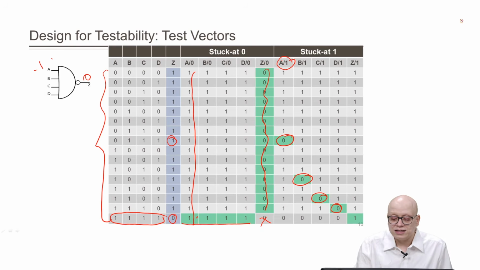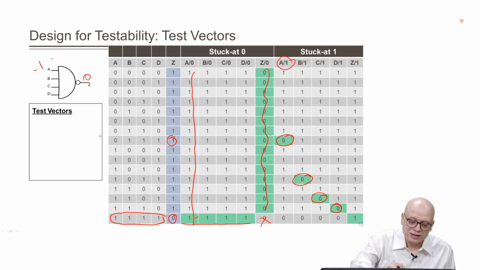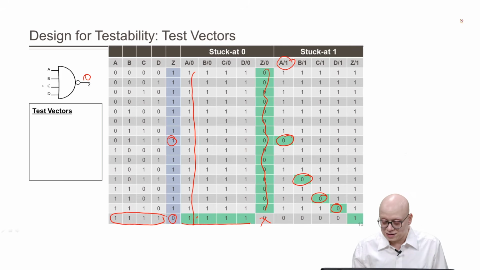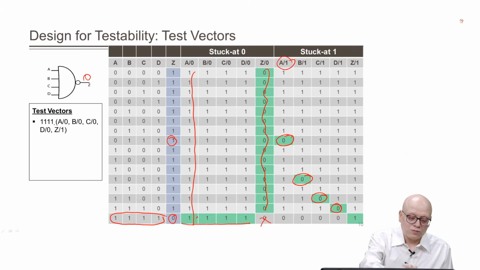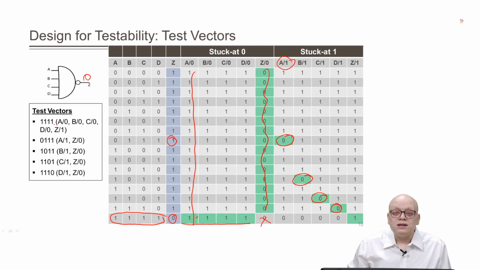So, a valid test pattern to detect a stuck at 1 fault at A is 0 1 1 1. So, we see that the test vectors that can test all the stuck at faults in our circuit are 1 1 1 1, 0 1 1 1, 1 0 1 1, 1 1 0 1 and 1 1 1 0, right.